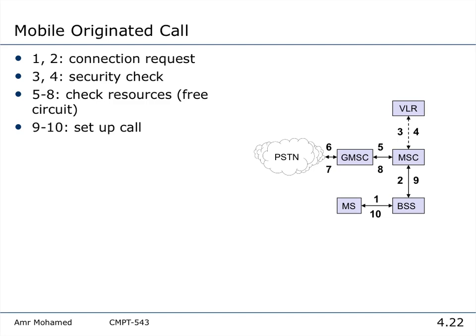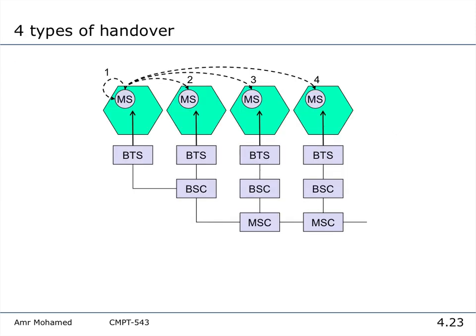So when we do a connection request, all we need to do is check security and check resources. That's it. Do we have enough resources to make this call? If the answer is yes, then we establish the call. That's it. Clear? But of course, it has to go through the MSC. Everything has to go through the MSC. Okay? So this is a mobile station originated call.